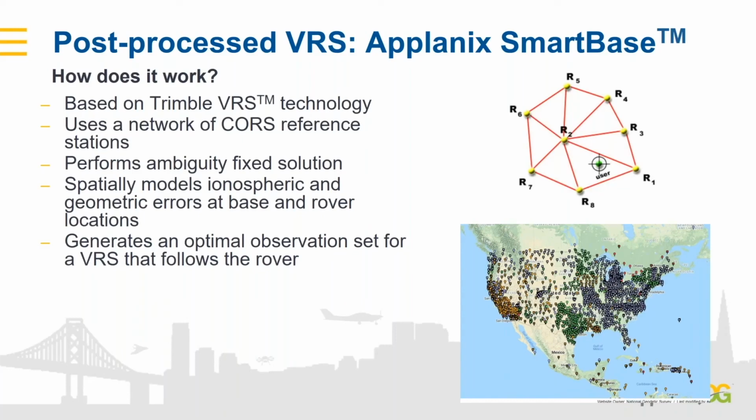Typically, this is done by generating spatial ionospheric models and correcting for geometric errors for both the base and the rover location. This will provide a very nice optimal VRS that follows the rover and can then, again, minimize those baseline lengths.